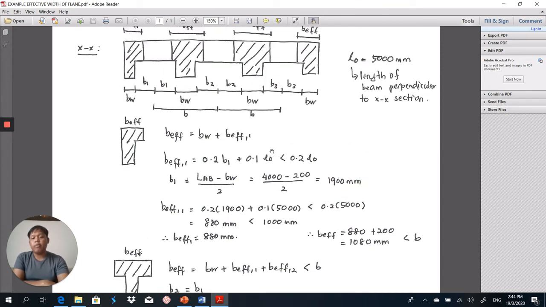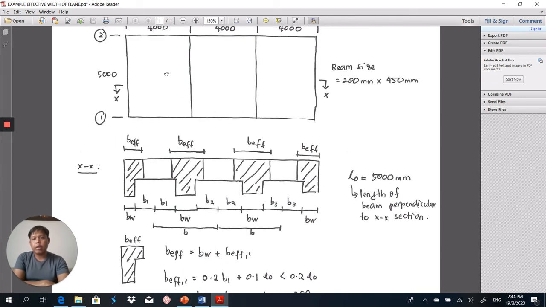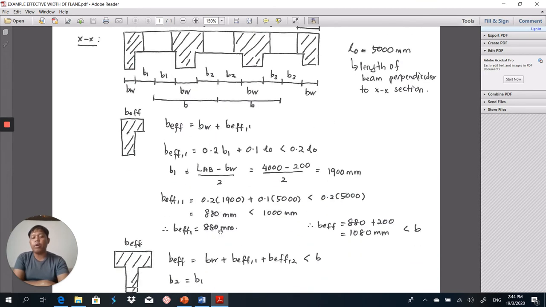Let's say, for example, your B1 is 4,000 and your B2 is 5,000. Therefore B1 is not equal to B2. So how to determine B2? B2 is equal to 5,000 minus BW, divided by 2, then you will get your B2. So you have to be careful on that dimension.